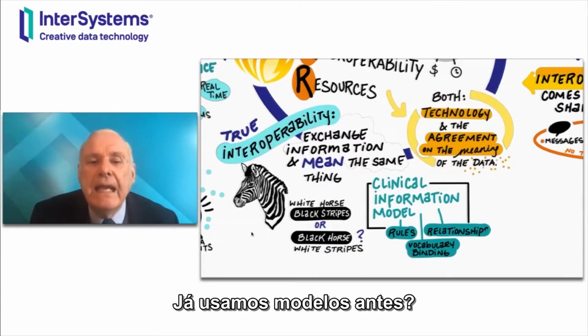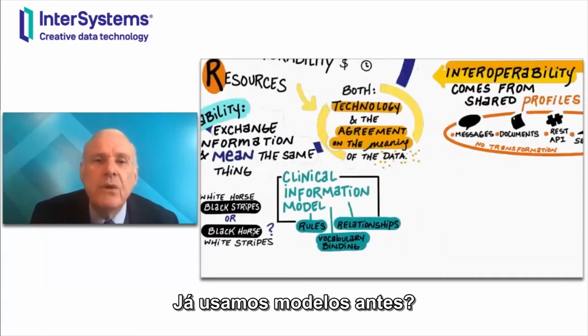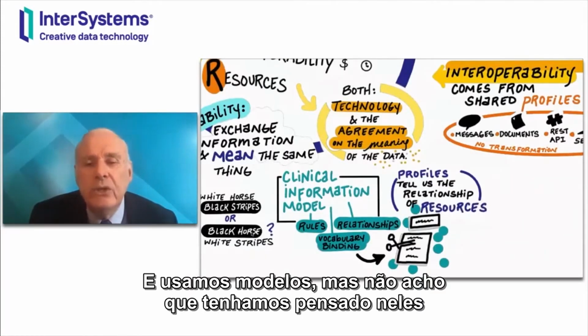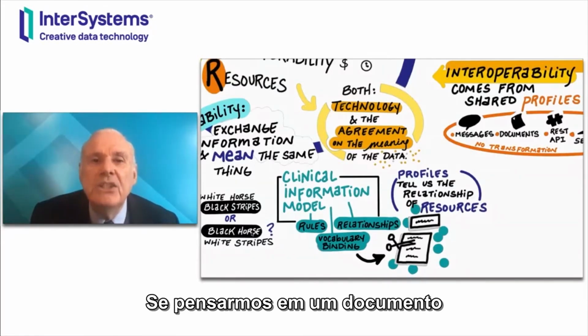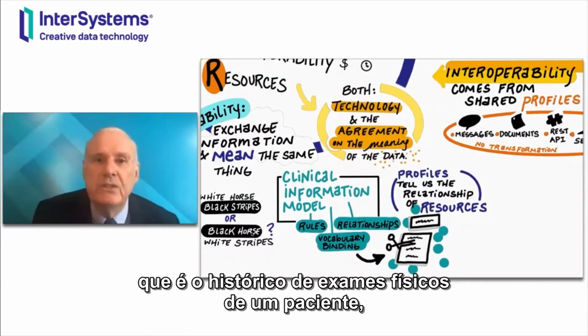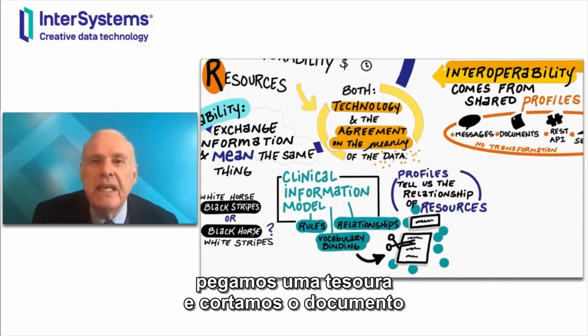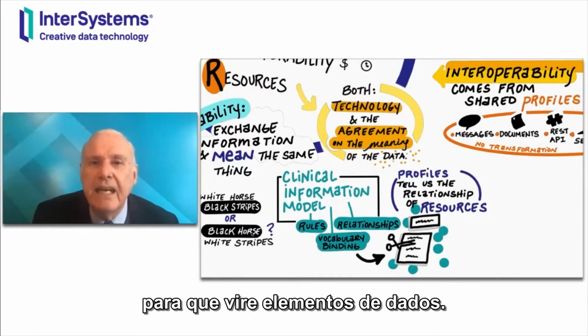So have we used models before? Well, there have been modelers from the beginning, and we use models, but I don't think we thought of them in that sense. So consider a document that's a history and physical for a patient. Suppose we printed out that document, took a pair of scissors, and cut the document into data elements.